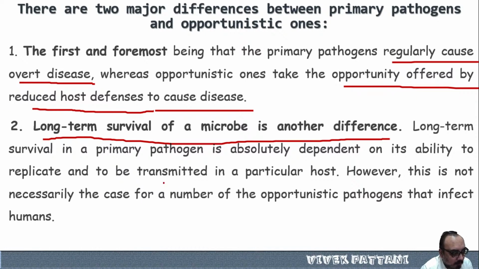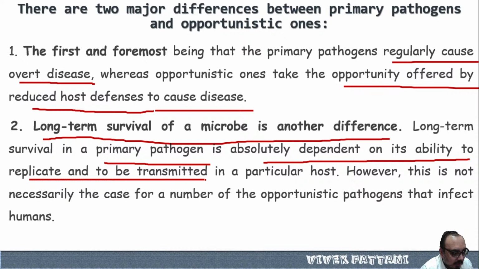Long-term survival in the case of a primary pathogen is absolutely dependent on its ability to replicate and be transmitted in a particular host. So how much time it will be in the body purely depends on the ability of the pathogen. For example, Mycobacterium tuberculosis can stay in a human body for a very long time, for example 6 months or 1 year, depending on the severity of the disease.